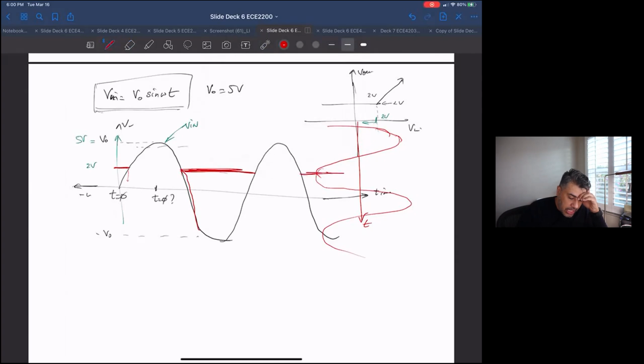And anytime Vn is higher than 2 volts, then V out, remember this is 1/2 slope, so anywhere above this, V out is going to be 1/2 Vn.